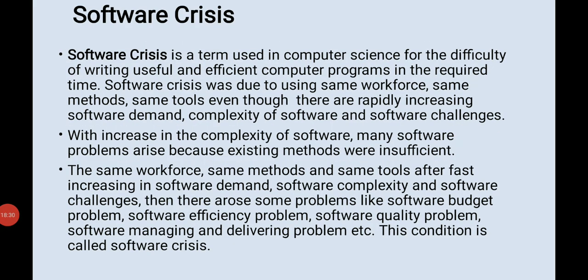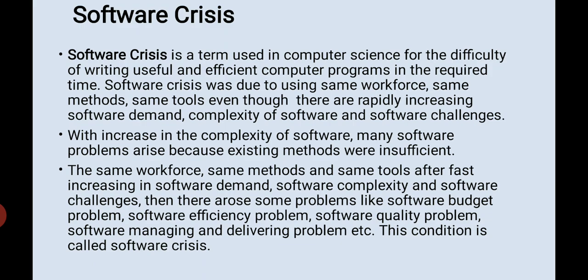Okay. So next we come to the software crisis. Software crisis is the term used in computer science for the difficulty of writing useful and efficient computer programs in the required time. Software crises were due to using the same workforce, same methods, same tools. Even though there was rapidly increasing software demand, the complexity was changing, it became more complex, and the challenges also changed, right?